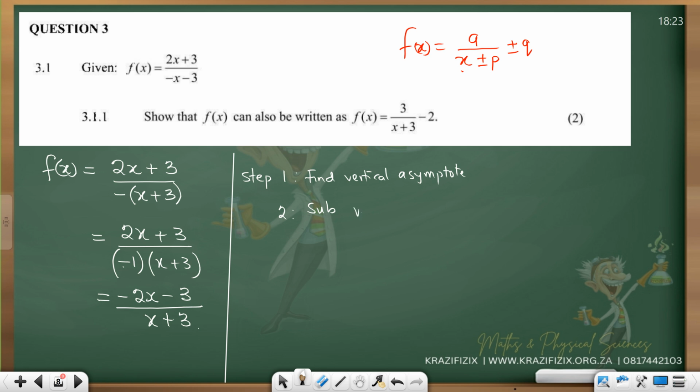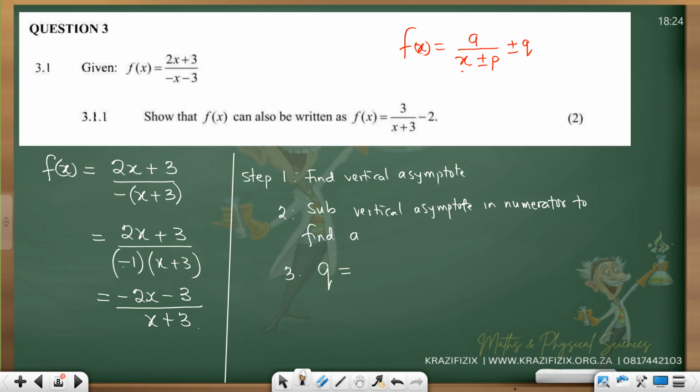Step 2. Sub the vertical asymptote into the numerator. This is just one method. And you are going to test this to find A. And number 3.